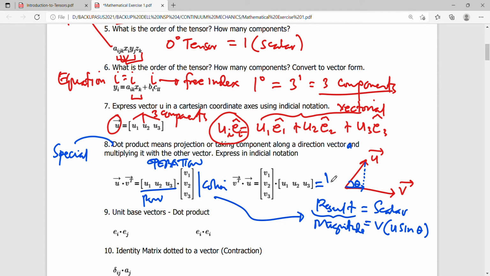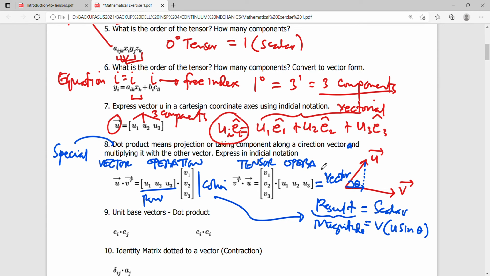So the result here is another vector. So we will be trying to dig up this particular operation. So if this is a vector operation, this is now what you call a tensor operation.